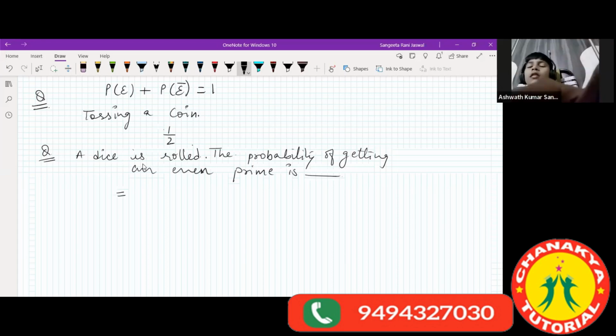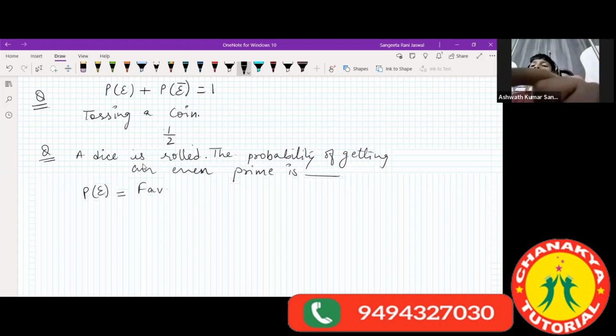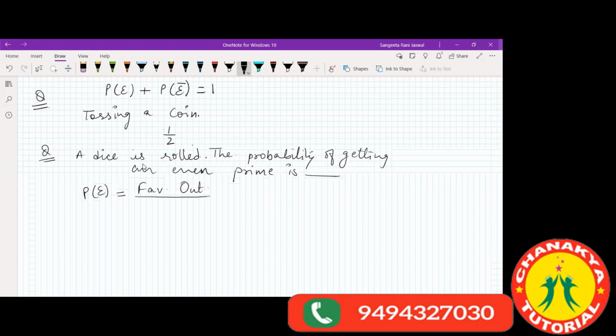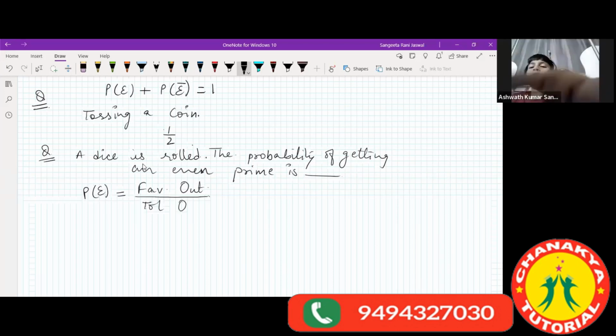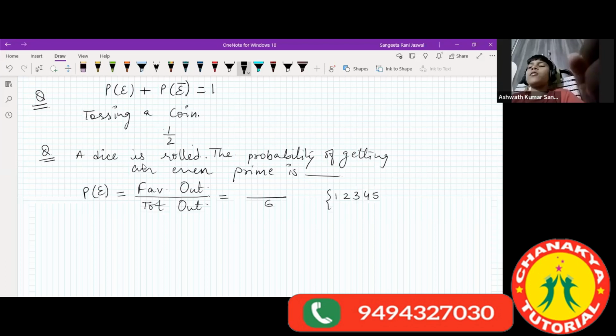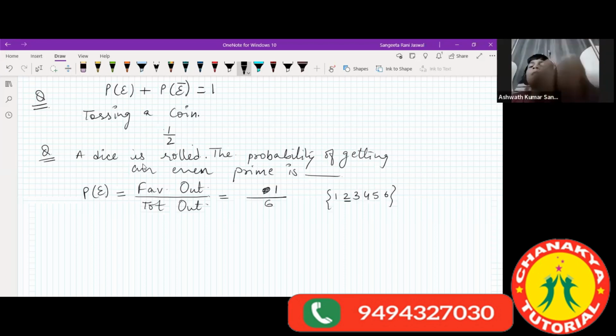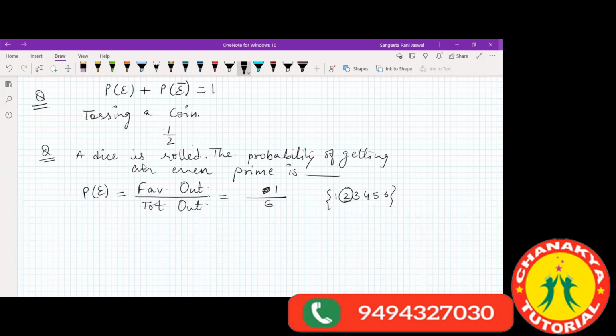Favorable would be 2, as only 2 is the even prime. So favorable outcome upon total outcome. The total outcomes in a dice are 6, but your favorable outcome is an even prime. There is only one even prime number, which is 2. So that's 1 by 6. Did you understand this? Yes, ma'am.